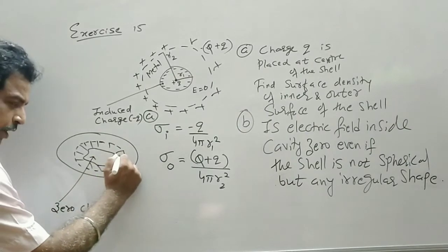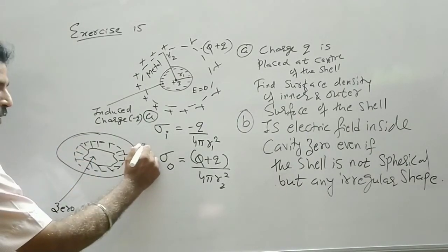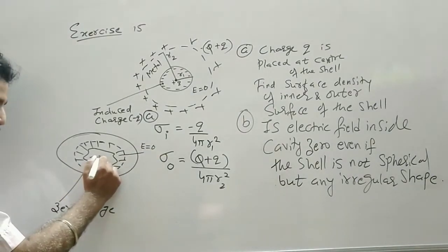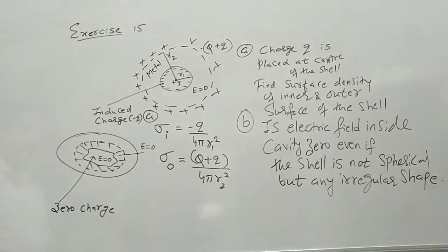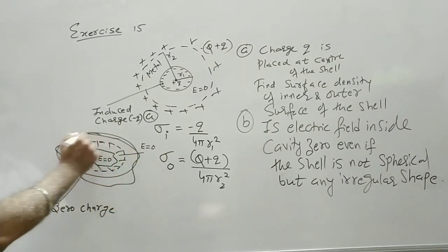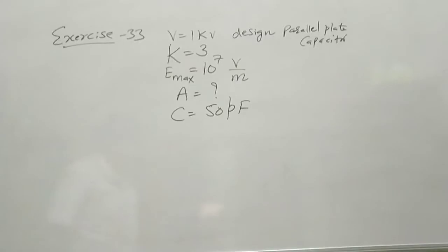So the entire inside of the irregular shaped shell has electric field intensity 0. And there is no charge enclosed, so E is also 0 inside it. So whatever is the shape of this cavity or the outer shell, the electric field intensity is 0.